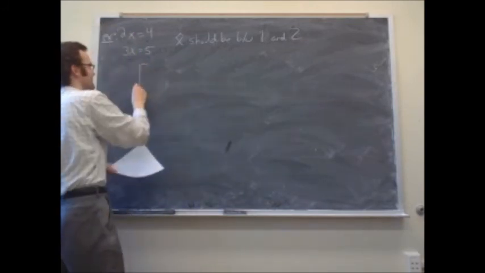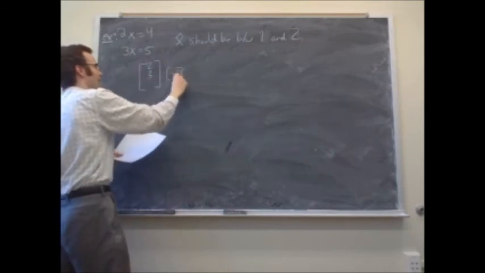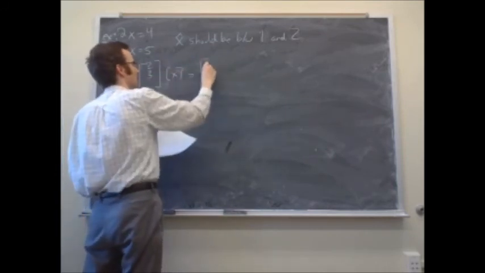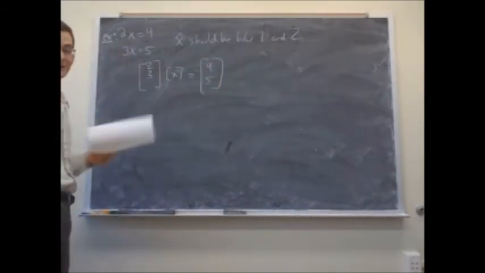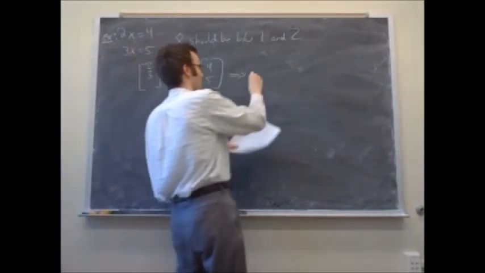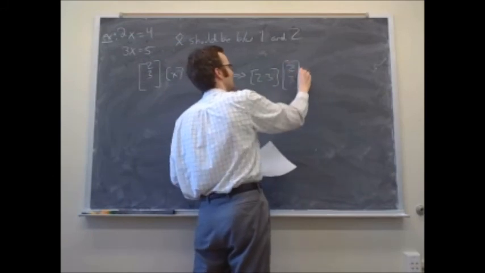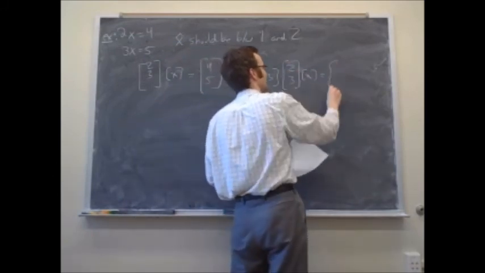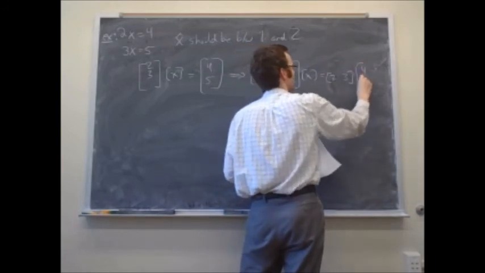So if we wanted to write this as a matrix, we would get [2, 3] x equals [4, 5]. This is a perfectly great matrix A, so we need to multiply both sides by A transpose. So we get [2, 3][2, 3] x equals [2, 3][4, 5].